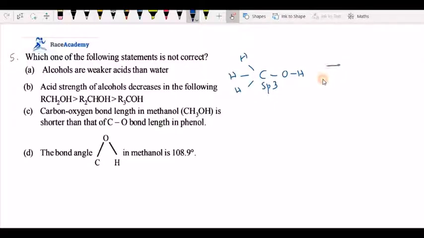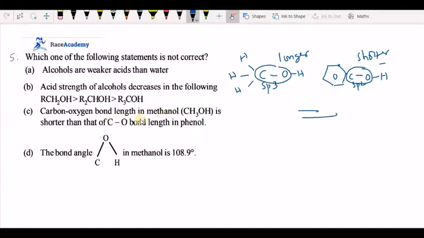If you write phenol, with OH, phenol has an sp2 carbon, so this is a shorter bond than this one. This bond is longer, this bond is shorter. From this we can easily understand that the statement that the carbon oxygen bond length in methanol is shorter than in phenol is given wrongly. So that is not correct. This is the answer for this question.